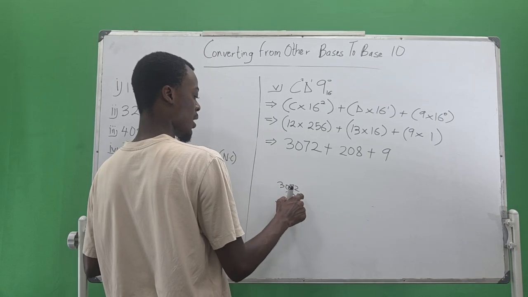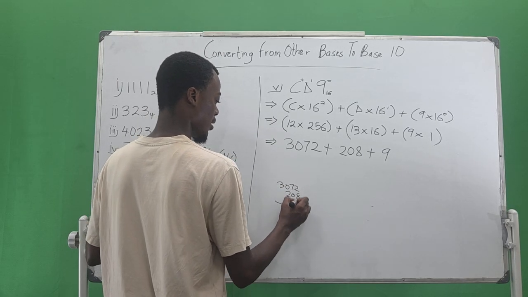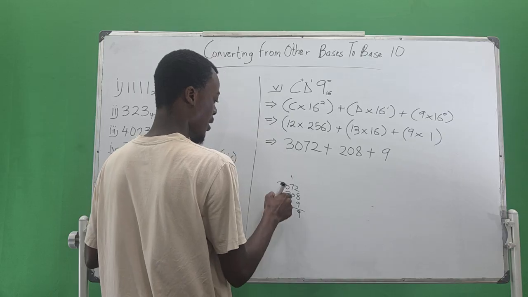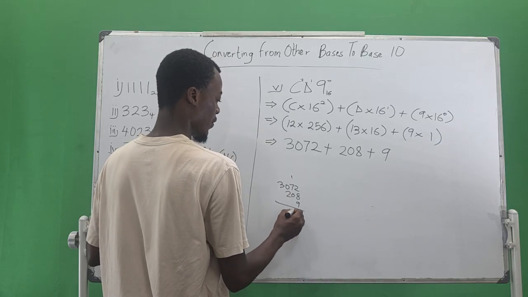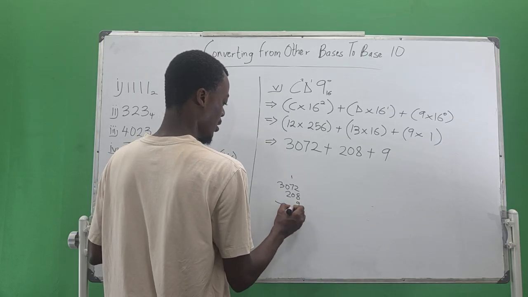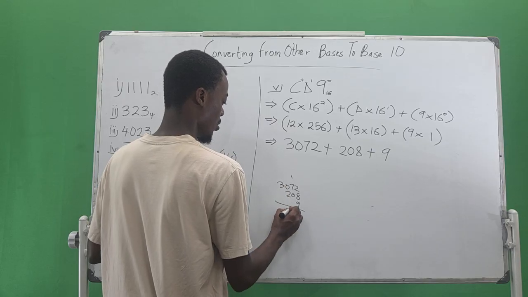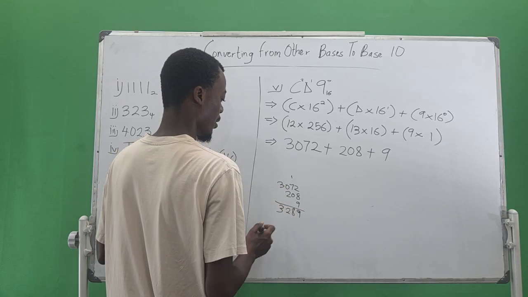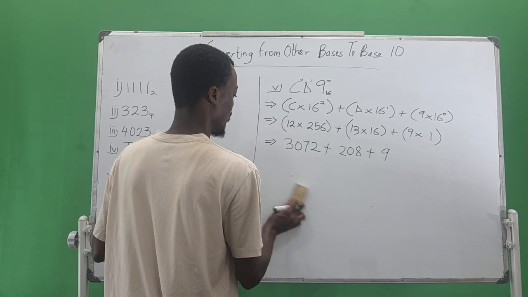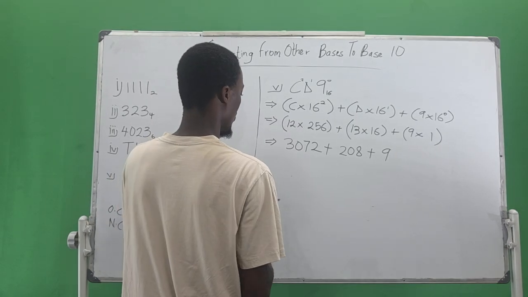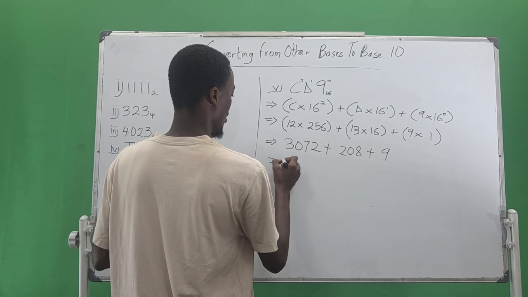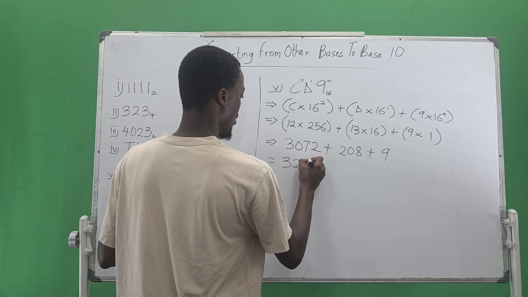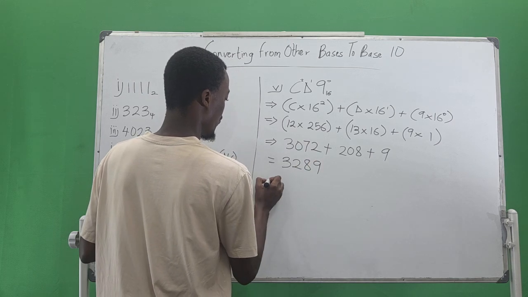So now 2 plus 8 is 10, plus 9, 19, carry 1. 7 plus 0 is 7, plus 1, 8. 0 plus 2 is 2, and 3. Okay. So now it's equal to 3,289.